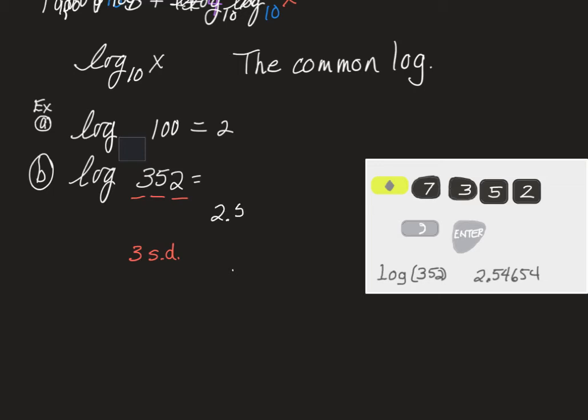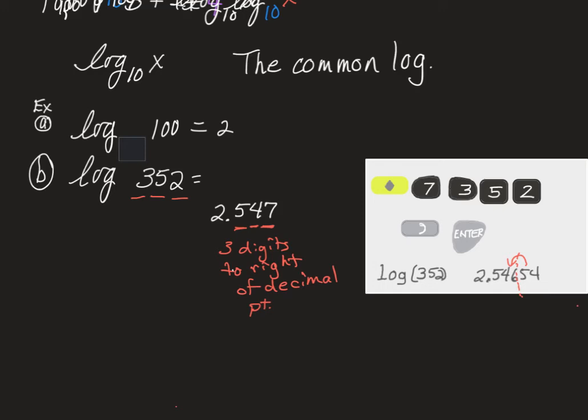So this would be rounded to 2.547, because over here in the gray rectangle, you can see where I am rounding to, and the 5 means we go up. So we have 3 digits to the right of the decimal, rather than a total of 3 significant digits.